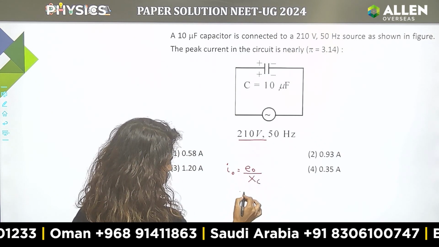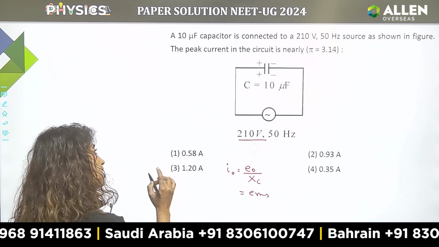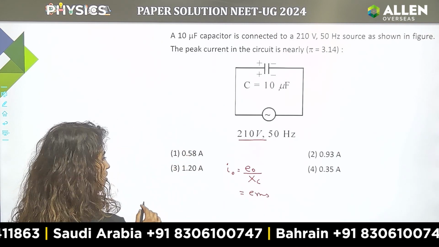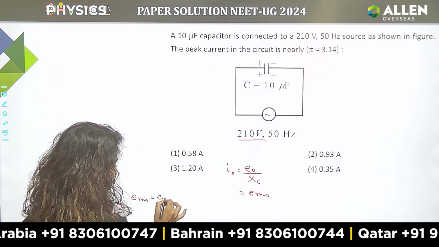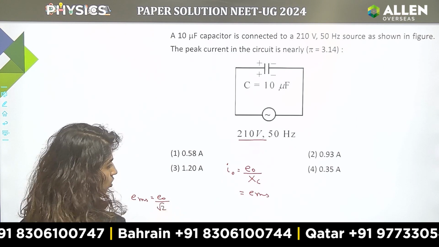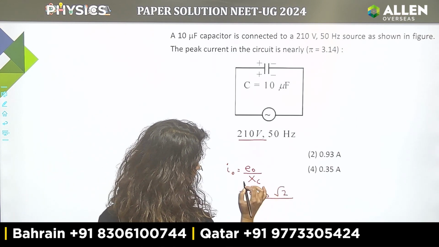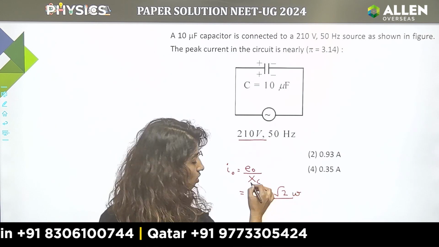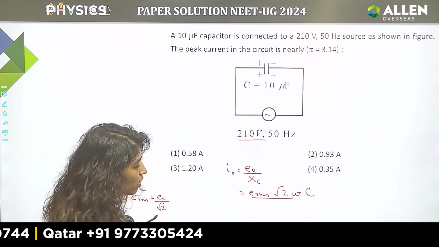Now, E naught I can write in terms of ERMS. We know ERMS, since it's cyclic, can be considered as E0 upon root 2. So E0 is root 2 times ERMS upon XC, and XC is 1 by omega C. So this I can write as 1 by omega C.